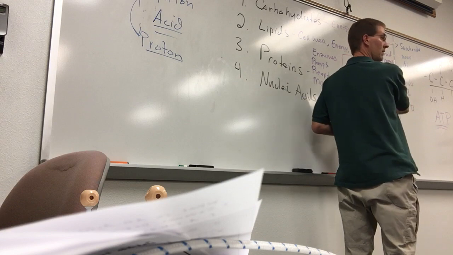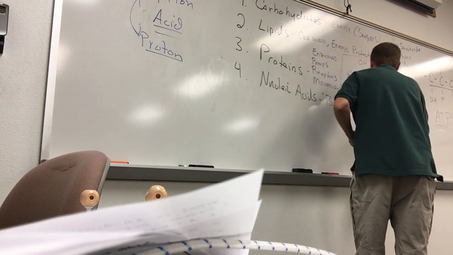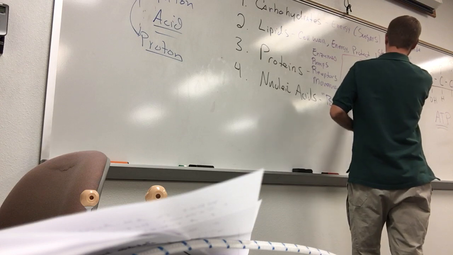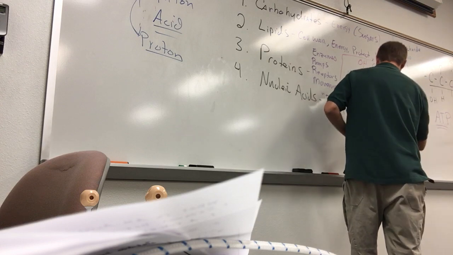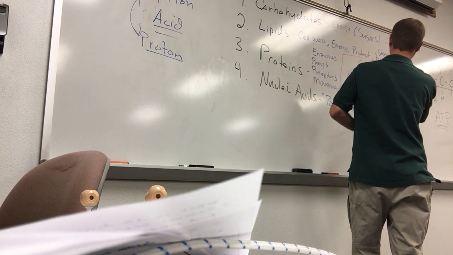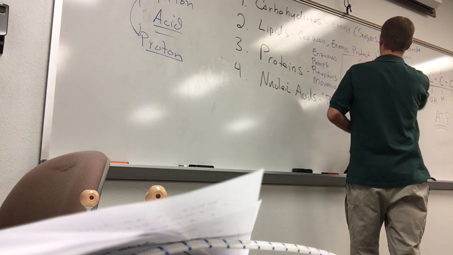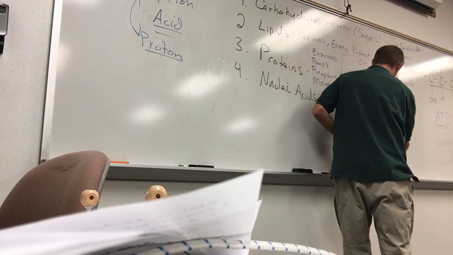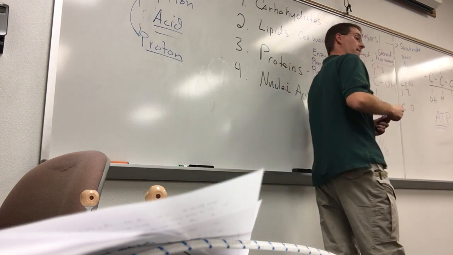You guys good with that? Yeah. So I have C4, O, 1, 2. You guys go with that? C4, O2, H, 3, 6, 7, 8, 9, 10. You guys okay with that? C4, O2, H10. Okay.